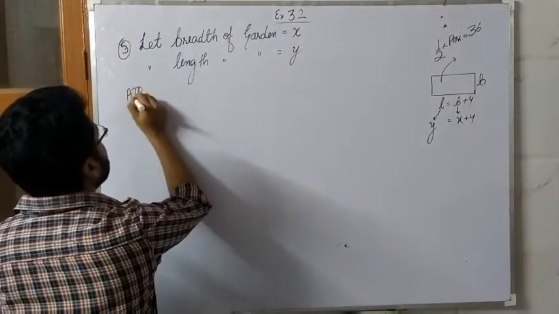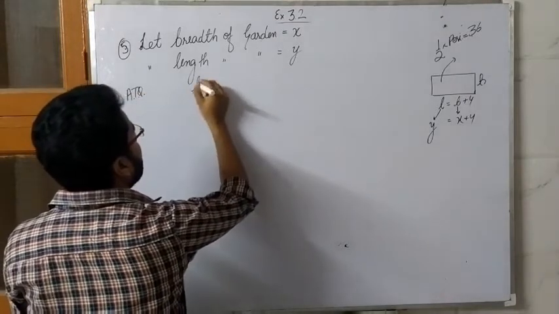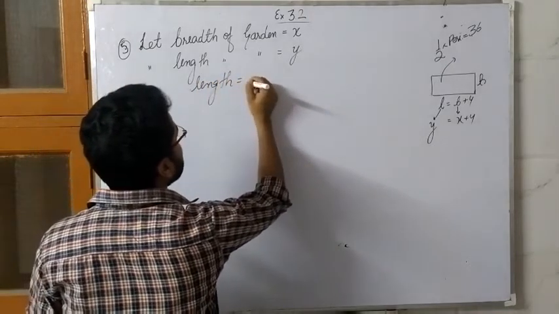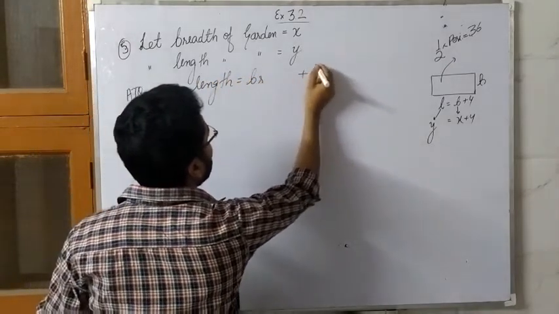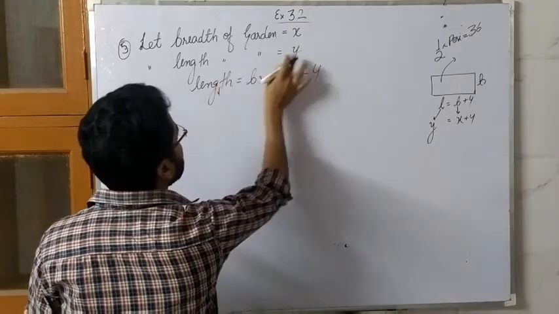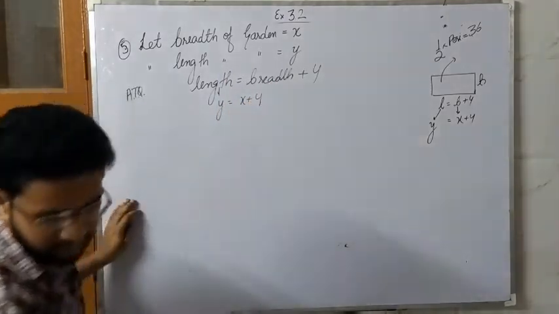According to the question, what is being said, that length, you need not write this thing, I am writing this for explanation. Length is 4 more than the breadth, right? So the value of length is y. So y equals to x plus 4, right?